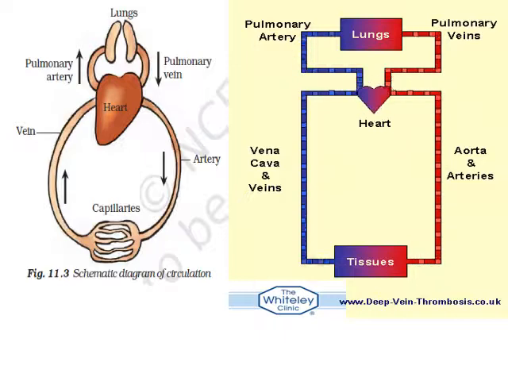There the blood gets oxygenated, and through the pulmonary vein it again reaches the heart, and from the heart one main artery known as the aorta carries the oxygenated blood to the different cells or tissues of the body.